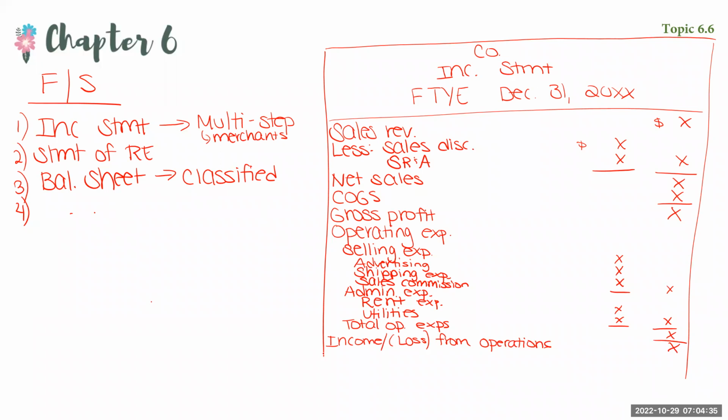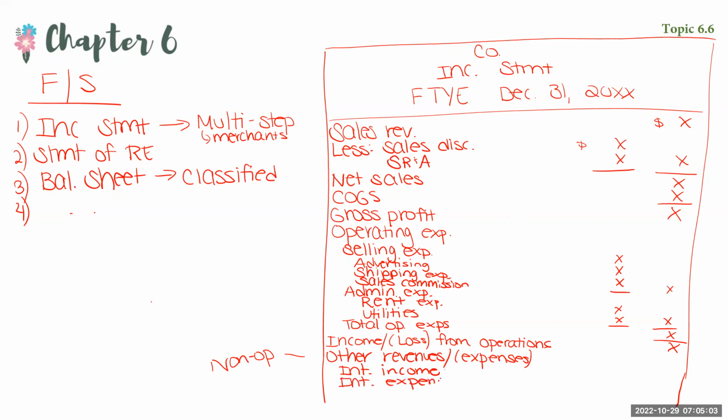All right, but we're not done. The statement actually still continues. Now we're going to have what's called a non-operating section, where we're going to include items that we consider other revenues or expenses. Some of the most common ones would be like interest income or interest expense.